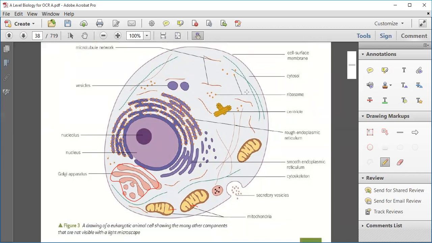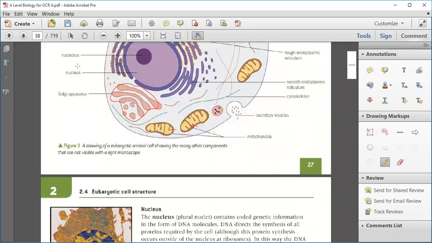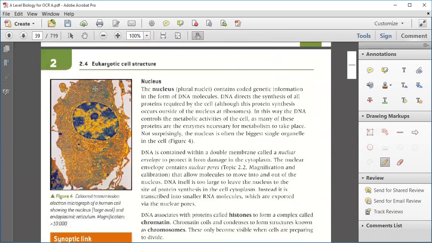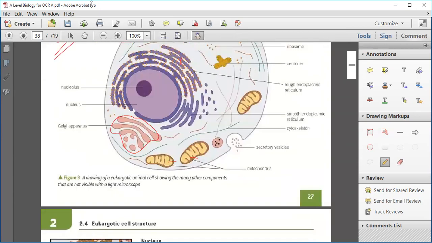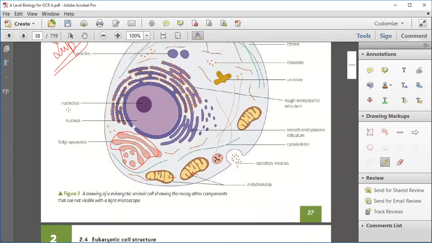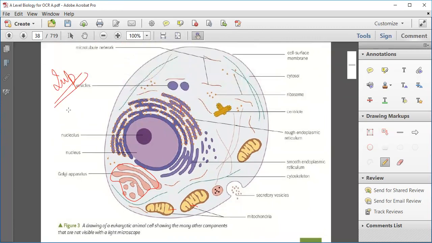So this is nothing but a eukaryotic animal cell diagram. How important this diagram is, you must learn it. Now, in this diagram, the organelles are drawn such that they do not have to be in exactly the same position every time.